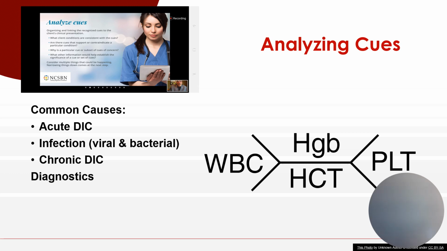Again, with infection, whether it's viral or bacterial. With chronic DIC, this will develop slowly over weeks or months, and cancer will be the most common cause of chronic DIC. Some of the diagnostics that we would do would be a complete blood count, coagulation studies, look at fibrin degradation and fibrin levels, and also a D-dimer.